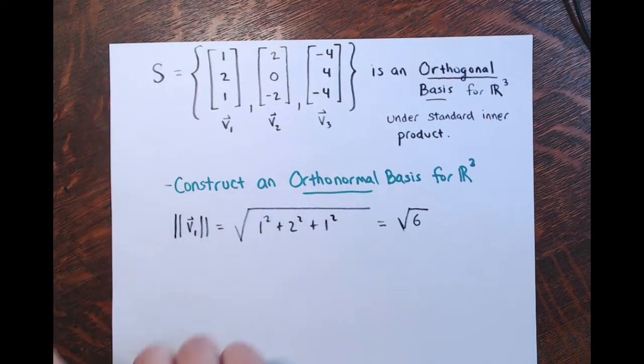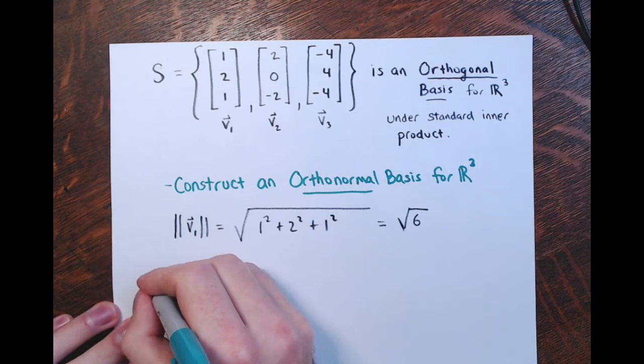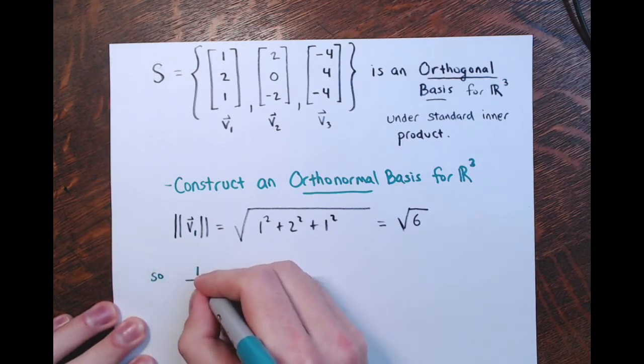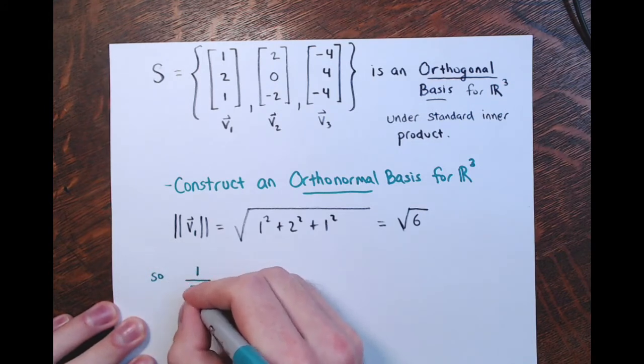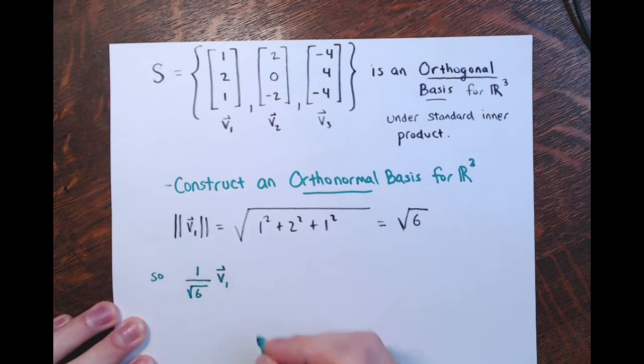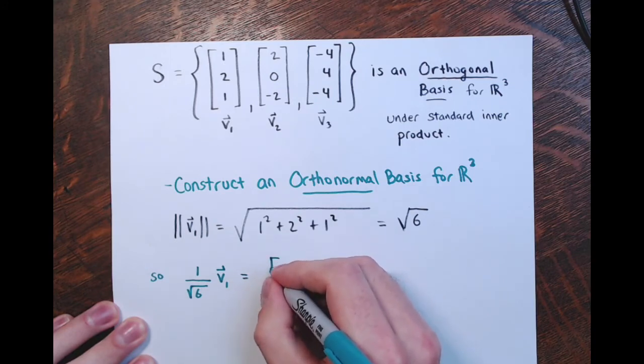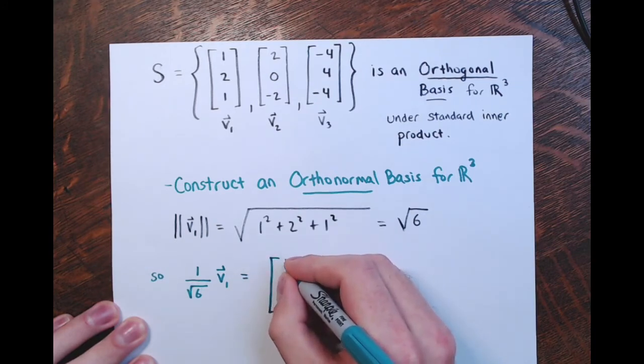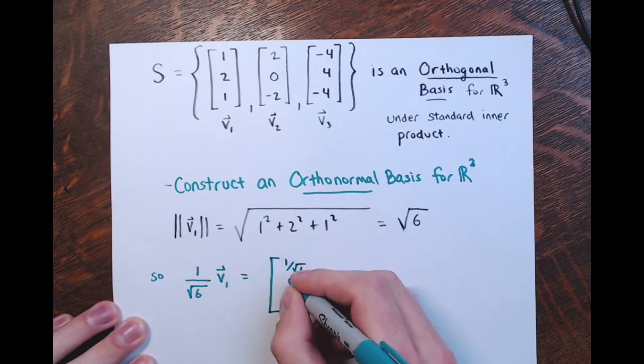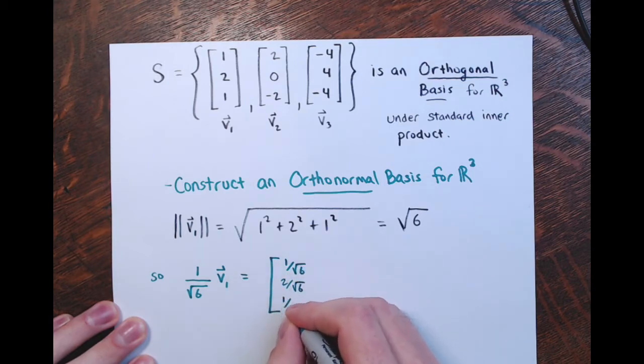So to make a unit vector out of this, I just take 1 over the square root of 6 and multiply it by v1. Right? And this will have a norm of 1. You could check that out by the homogeneity property. So this would be 1 over the square root of 6, 2 over the square root of 6, 1 over the square root of 6.